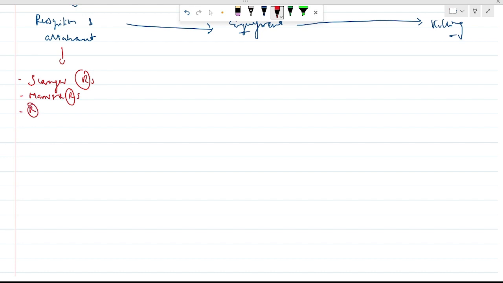Then there are receptors for opsonins. Scavenger receptors, mannose receptors, and receptors for opsonins are for recognition and attachment, which will lead to the next step, that is engulfment.